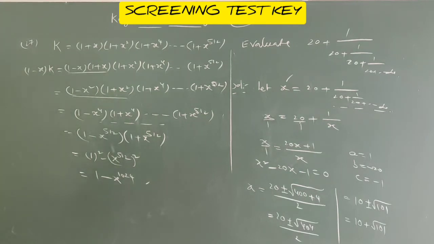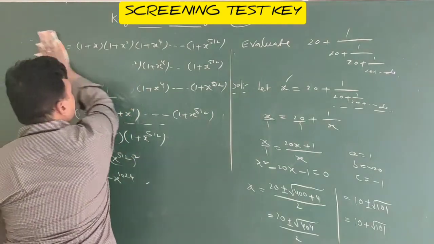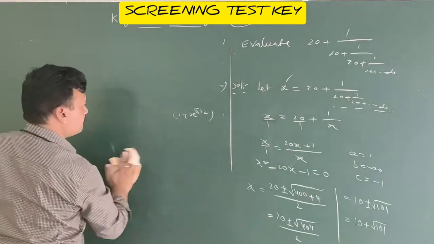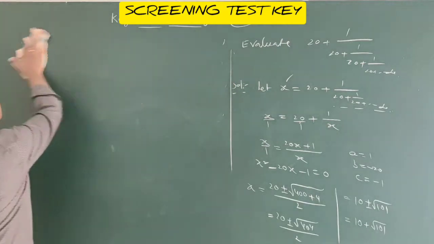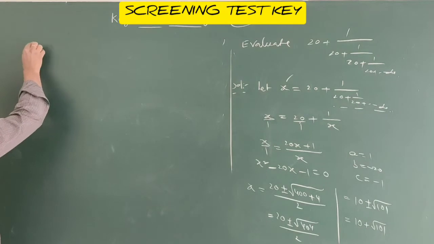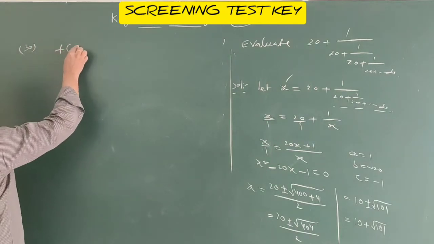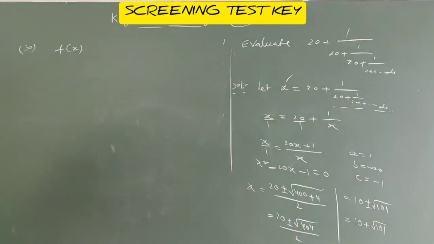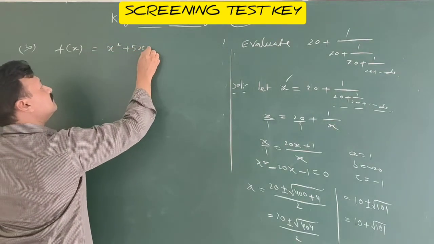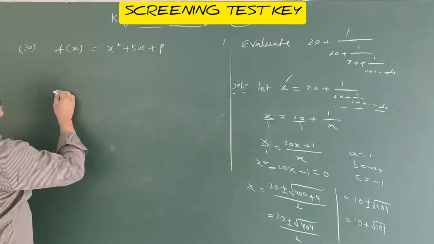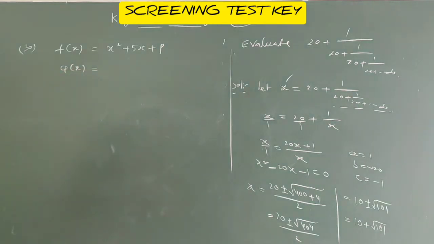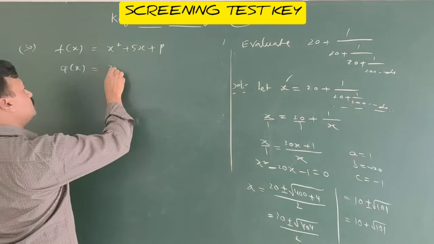Next, the last important one, that is common root. f of x equals x square plus 5x plus p, g of x equals x square plus 3x plus q.